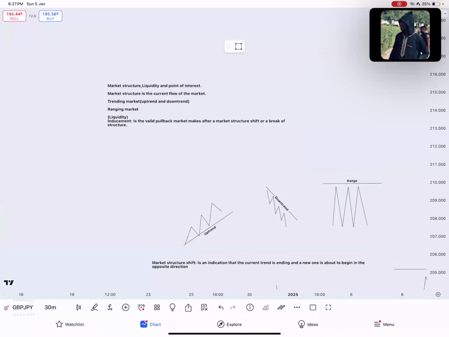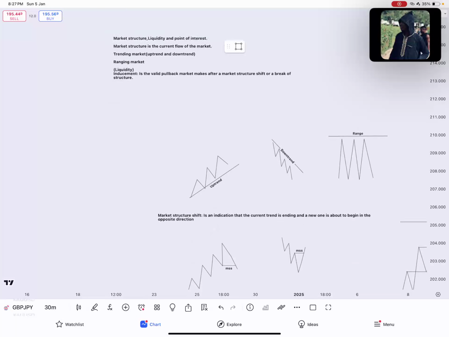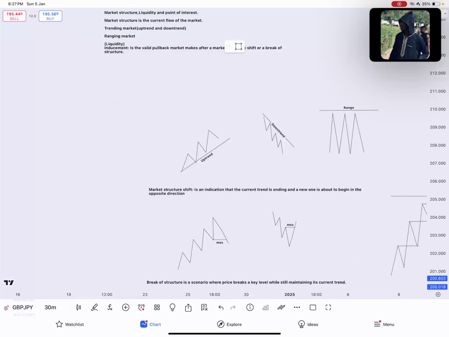So inducement is the valid pullback that the market makes after a market structure shift or a breakout structure. Now, what does this mean? It means that inducement can only be gotten after a market structure shift has occurred or after a breakout structure has occurred.